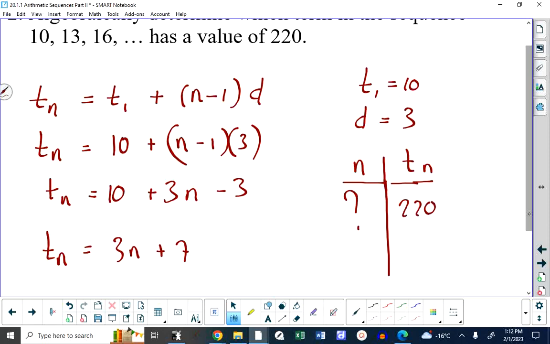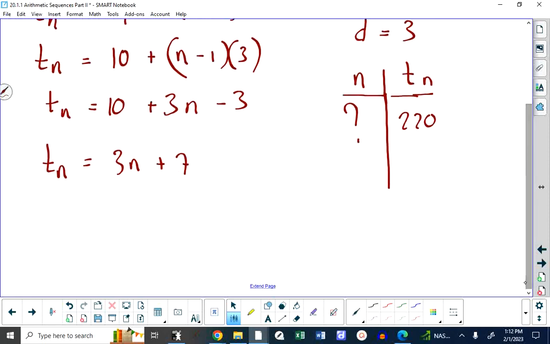That's what this question is asking you. What value of n will give you 220? And as soon as you see that, it's a grade 5 equation. Well, it's not even a high school equation. I don't know what grade it is. It's a junior high equation, maybe.